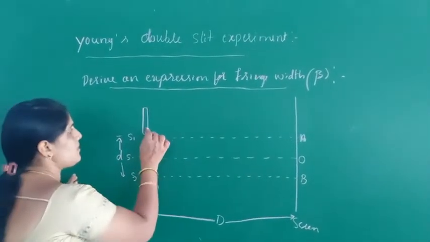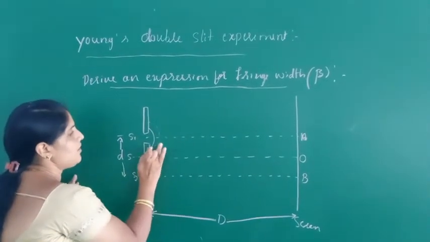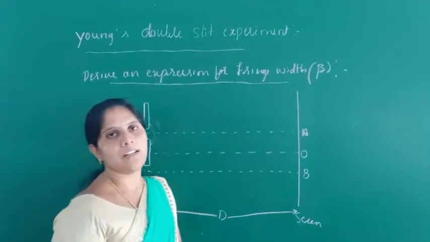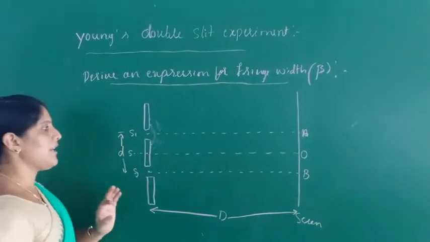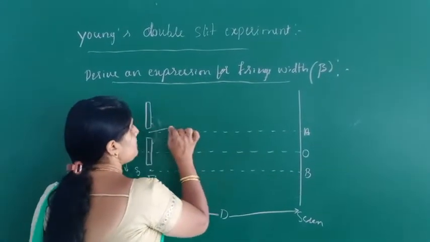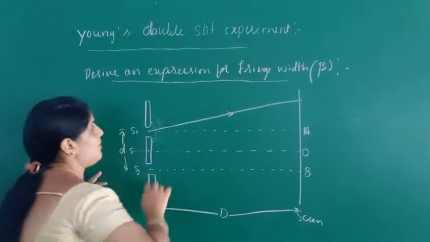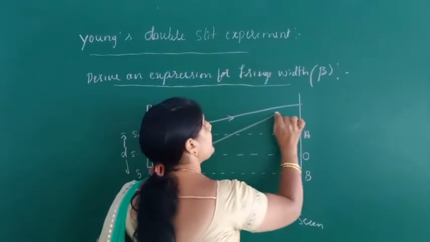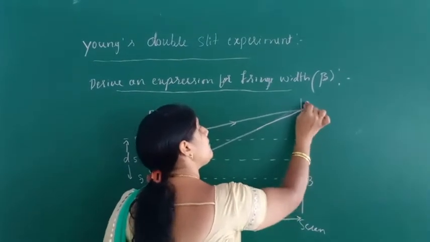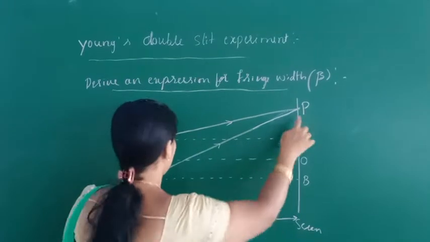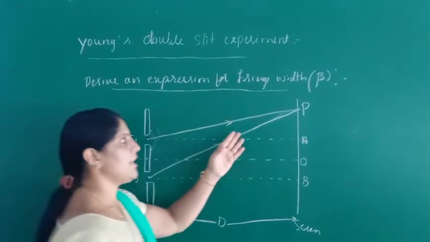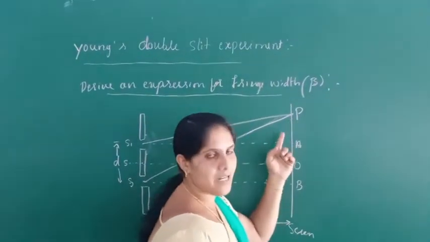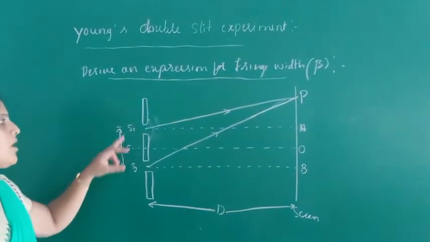They produce spherical wavefronts, which overlap on each other and produce an interference pattern on the screen at the point, say P. P is the point on the screen where the interference pattern is produced by S1 and S2.